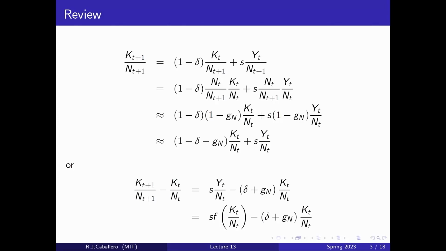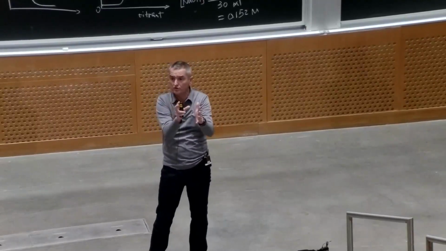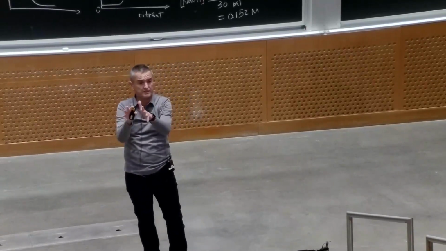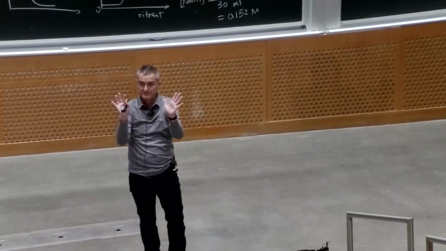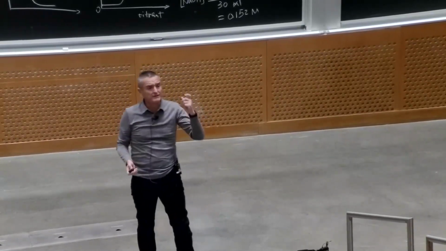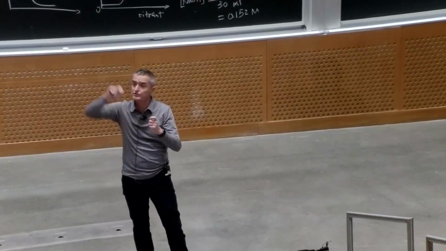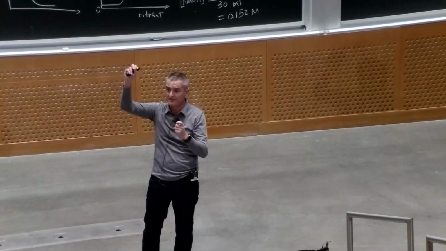This delta comes from the fact that you have a stock of capital and you lose a fraction of it. Well, you need an investment equal to that fraction you lost in order to maintain the stock of capital the same. That's clear. But that's not enough to maintain the capital per person constant if the population is rising.